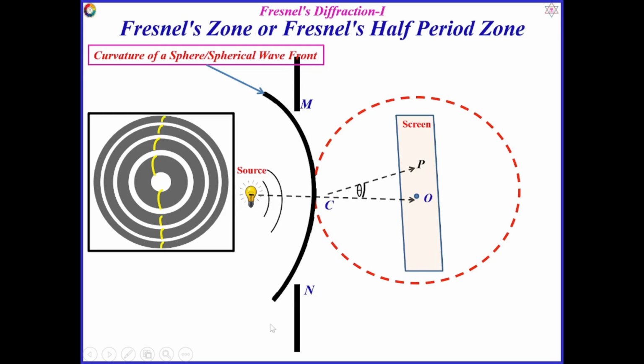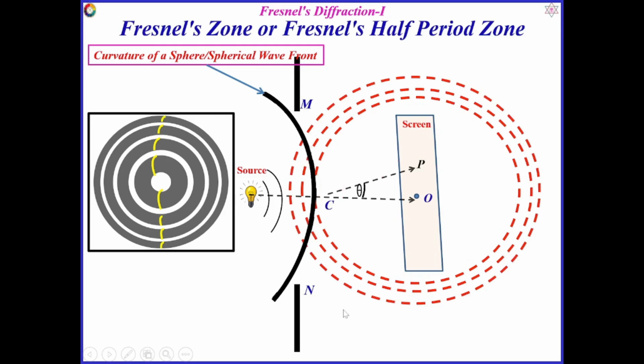Okay, so here we consider one circle which cuts or intersects the spherical wavefront here. Next we consider another circle which cuts the wavefront here and here. Next another imaginary circle we consider cuts at points here and here of this wavefront.